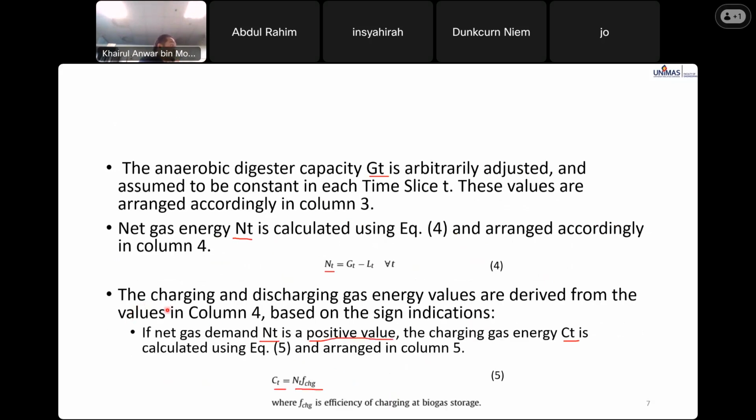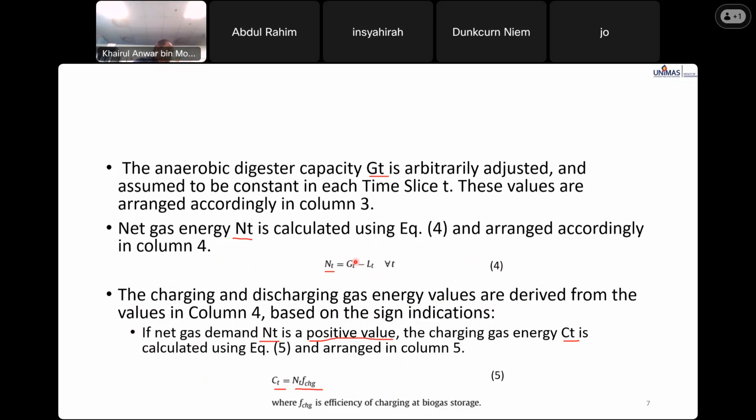Next, the charging and discharging gas energy values are derived from the values in column 4 based on the sign indication. So the net gas demand NT is GT minus LT, where GT here is constant.